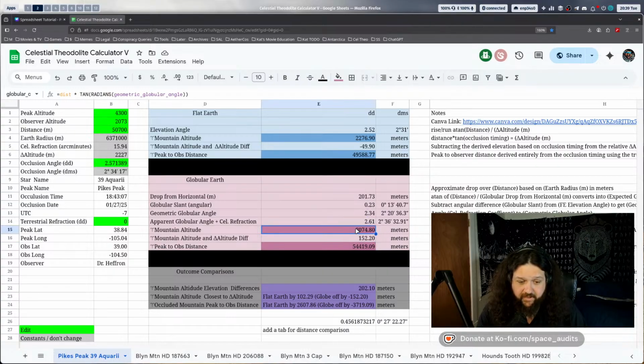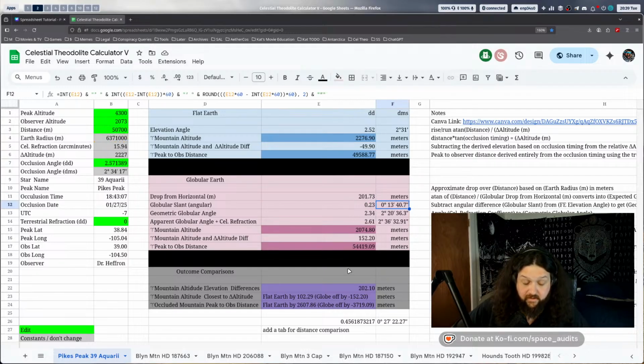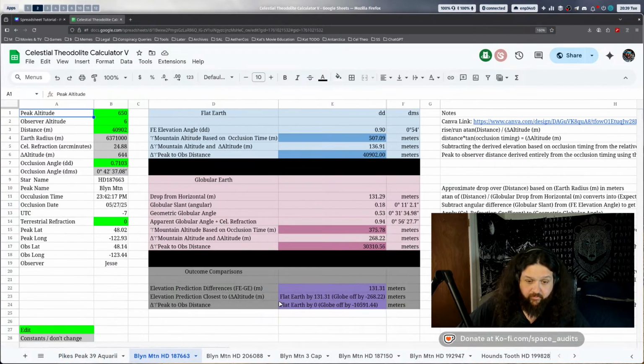This is based off of the distance and the globe angle that it predicts, and this is based off of the flat Earth thing, or the occlusion timing and the distance. So the fact that they're off by their approximated geometric drop in meters converted into an angle is crazy. And that pattern goes on for every single measurement.